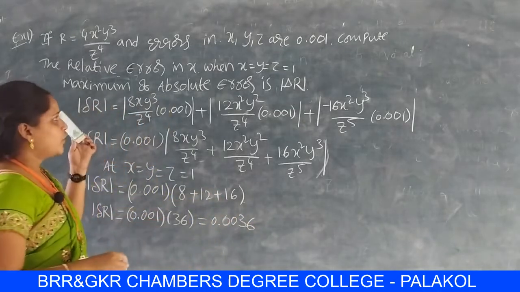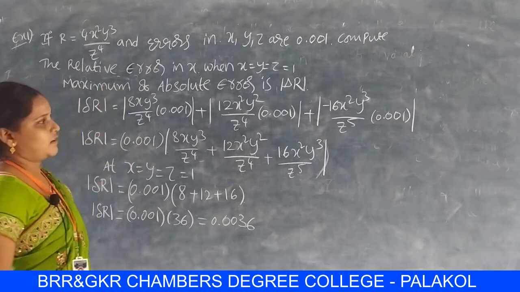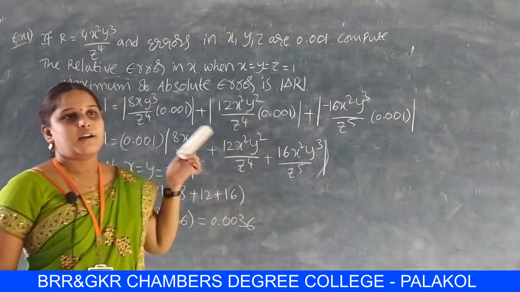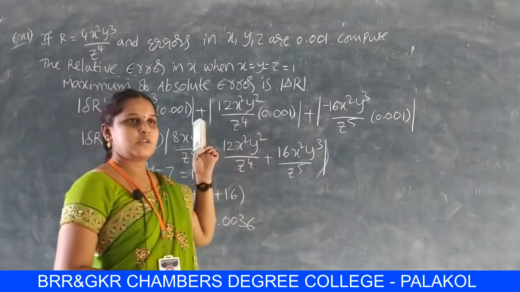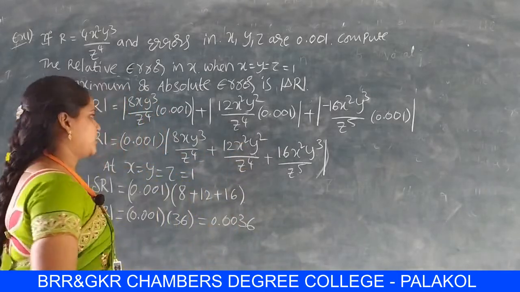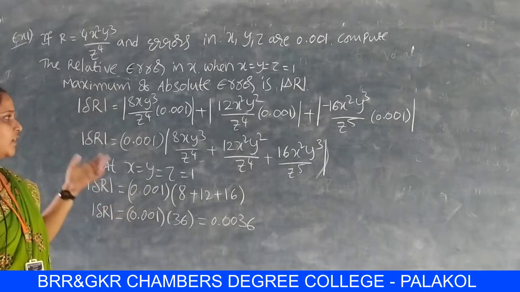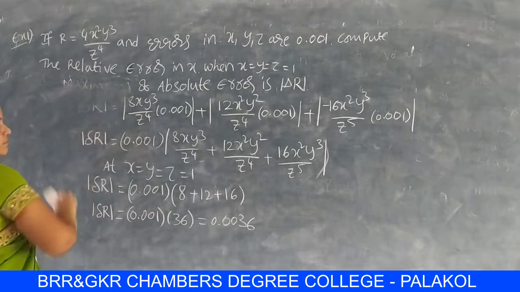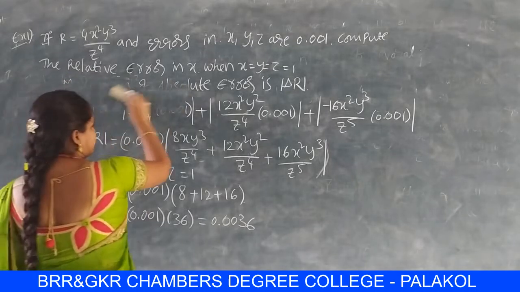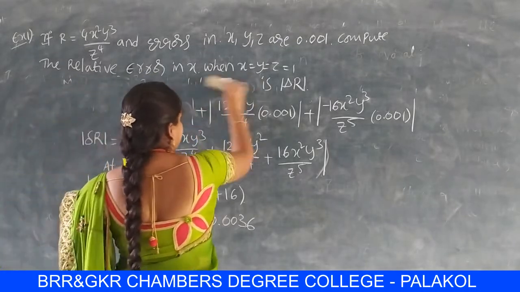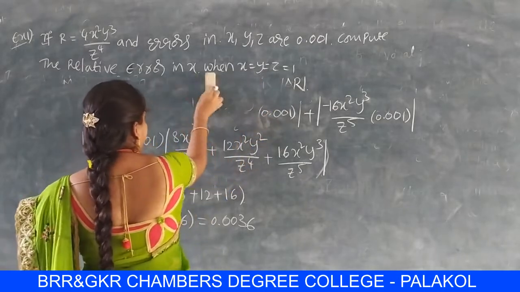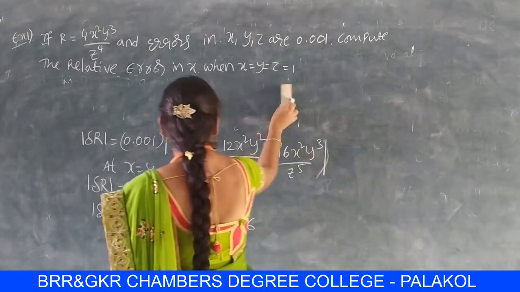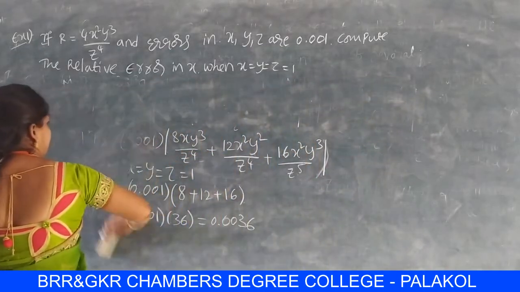So now we find out the relative error. We know that the ratio of the absolute error to the true value is the relative error. Next, find out the relative error.